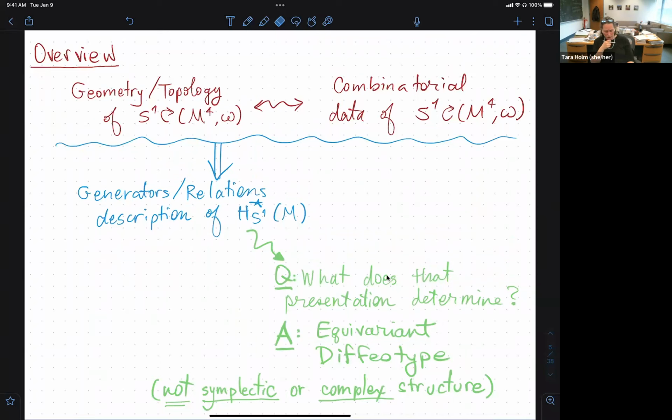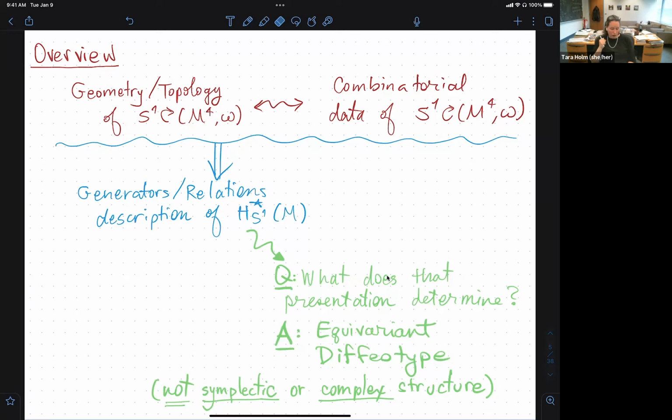And the answer, the sort of ruining giving you the punchline at the beginning, I guess actually this is what I've learned by being chair, is that deans like to hear the bottom line up front. They want to hear the answer before you tell them all about it, and then they don't usually read all about it. So the bottom line up front is that what we can get from this generators and relations description is the equivariant diffeotype, so the diffeomorphism type of the manifold together with the action.